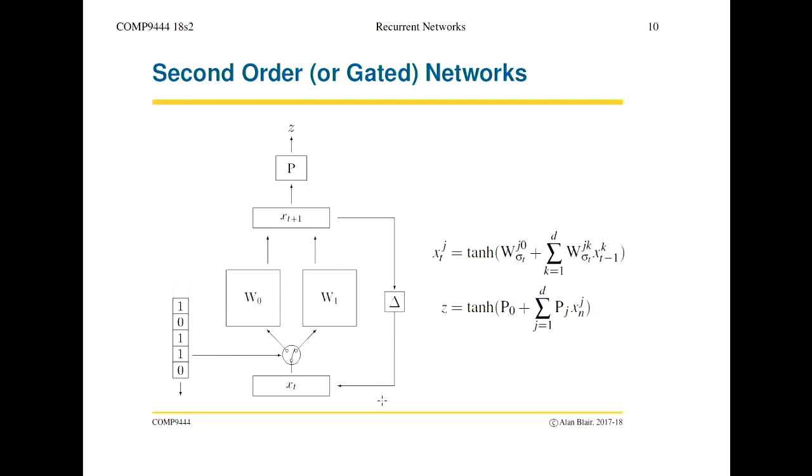It's sometimes called a second order network because it's equivalent to saying that the weights get multiplied by 0 or 1. If the input is 1, then these weights get multiplied by 0 and those get multiplied by 1. If the input is 0, these get multiplied by 1 and those get multiplied by 0. So you can write it as a product. That's why it's sometimes called a second order network.